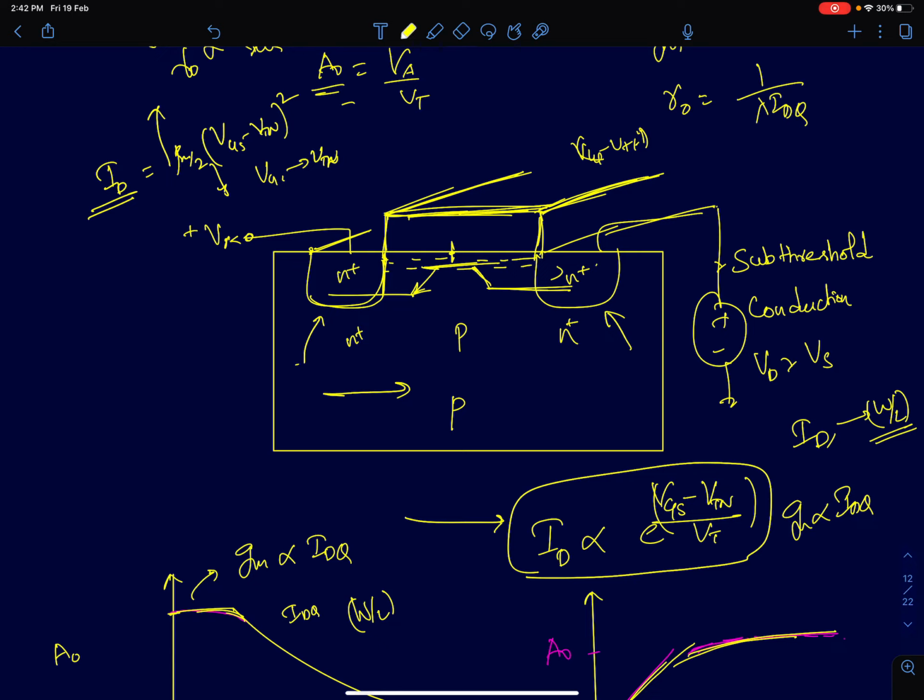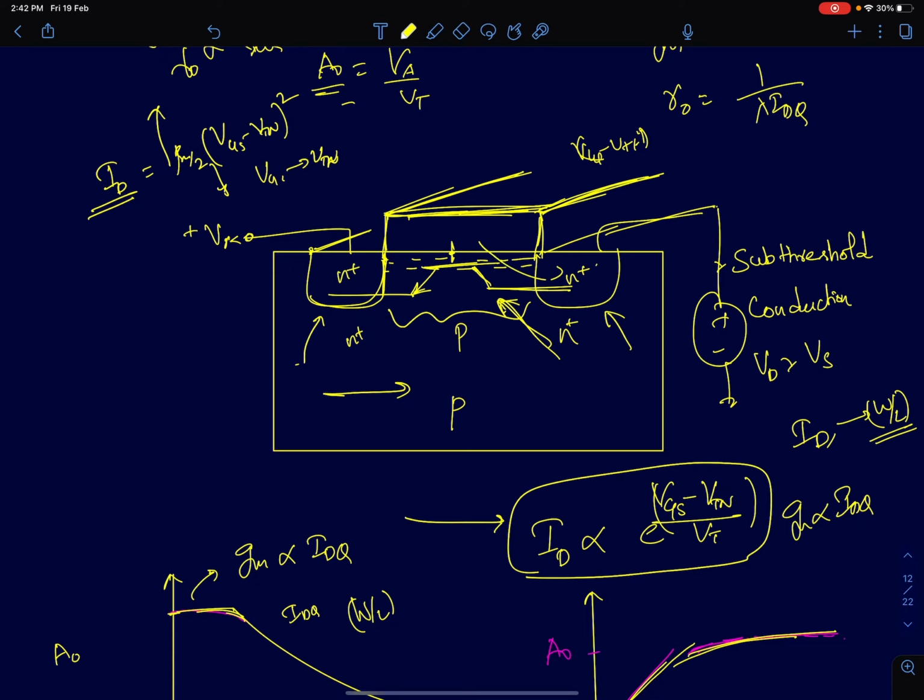But when your Vgs is close to Vtn or smaller than Vtn, the surface is not fully inverted, so it will still behave like a weak P region. I have shown here in a pictorial way how it will look like a bipolar junction transistor. Near the surface of a MOS device, you can see a parasitic BJT structure there.